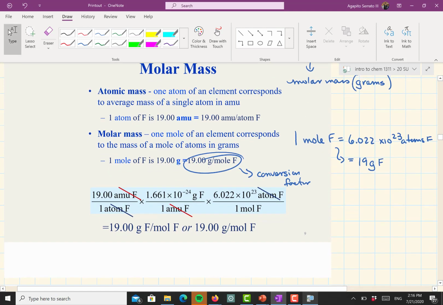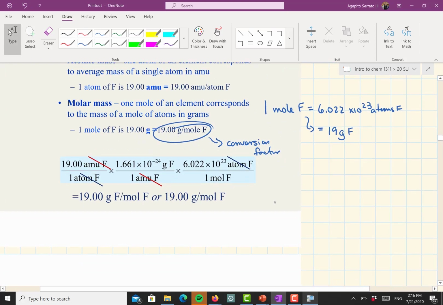We want to figure out how many AMU there are of this material.